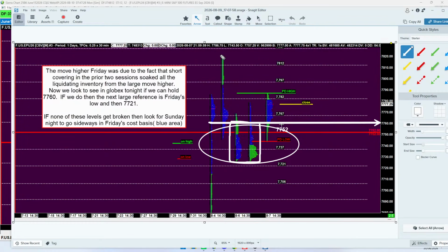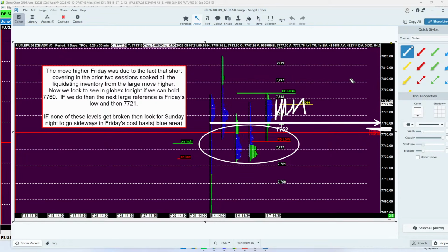That sucked up all the inventory from above. So what happened was the liquidating inventory went into these wholesale hands and short covering and then right back up. So what I said is if we don't break 77.60, we'll still be in distribution.